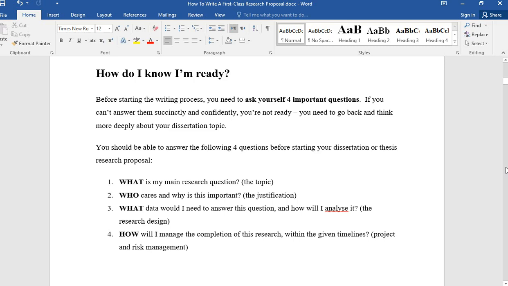I mean, you have to read different articles and papers in your area of interest, in order to find an appropriate topic, and then change it into a well-structured proposal.